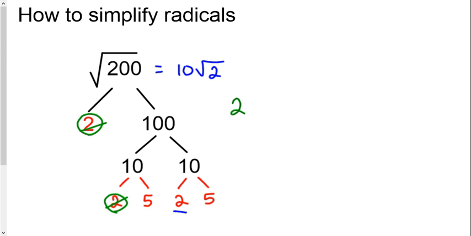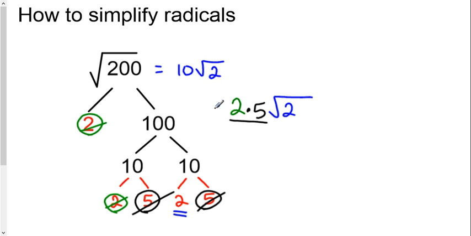This 2 has no friend left over to pair up with, so it's stuck underneath the radical sign. However, this 5 right here would pair up with this 5, so it frees one 5 on the outside. What happens when you have more than one number on the outside? They multiply each other. So 2 times 5 would get you 10, and there's nothing to do on the inside, so it stays as radical 2.